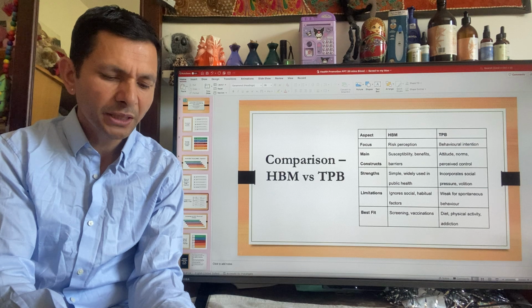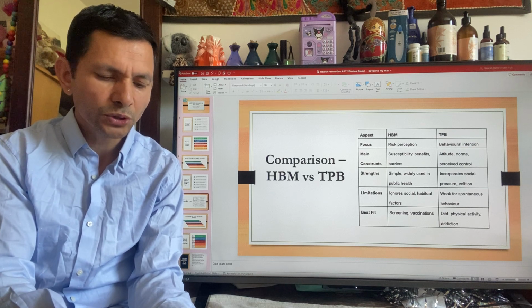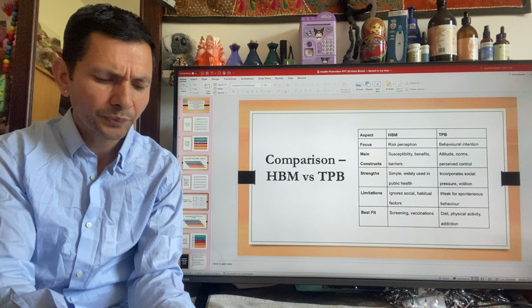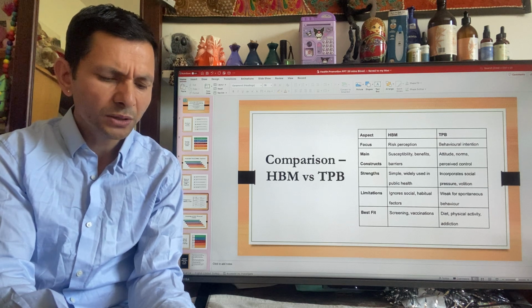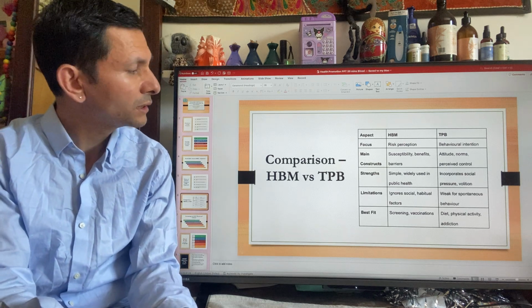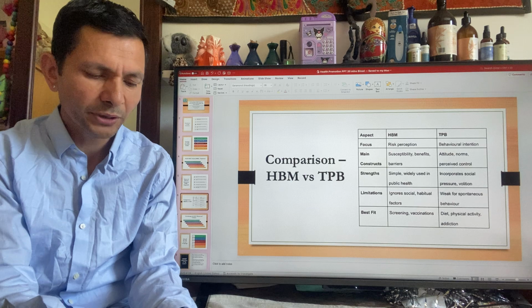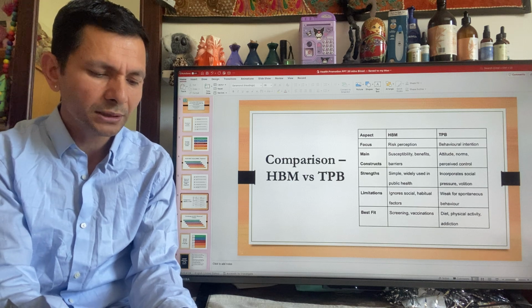Comparison: HBM versus TPB. Now let's compare those two models. The health belief model centers on how people perceive health risk, while the theory of planned behavior looks at how intention guides actions.